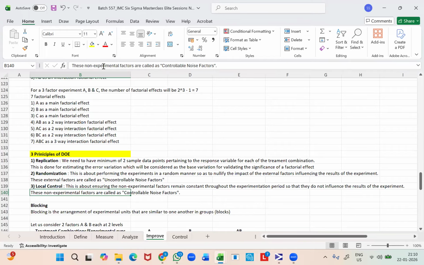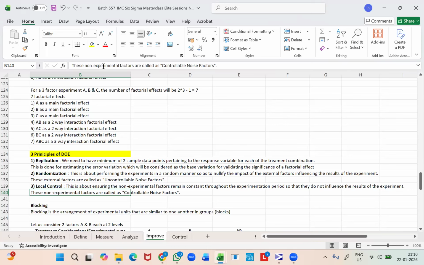Because they do not have any role to play as far as the experiment is concerned. So we are not going to change the levels for these noise factors. They are supposed to be kept constant. So those factors for which we maintain constancy will be referred to as noise factors, right?